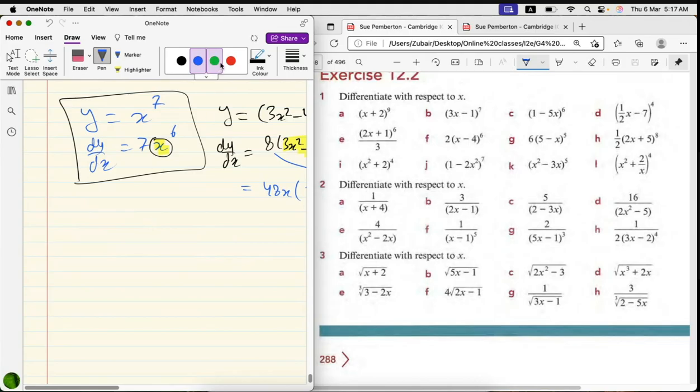Try question 1, C part. What will be dy by dx?